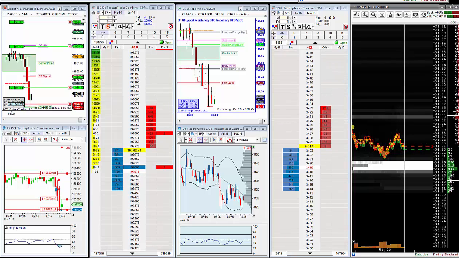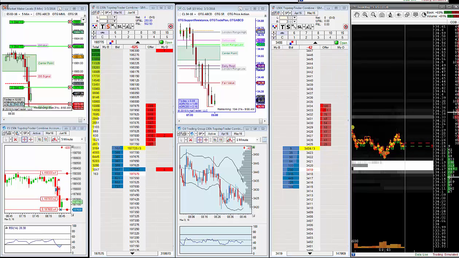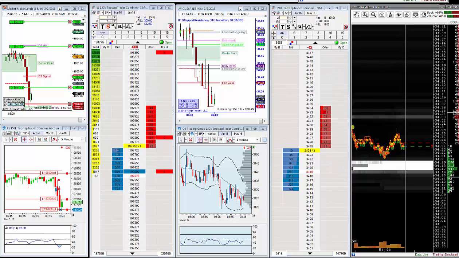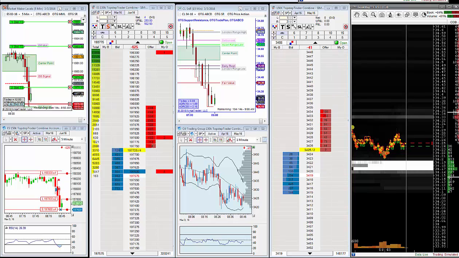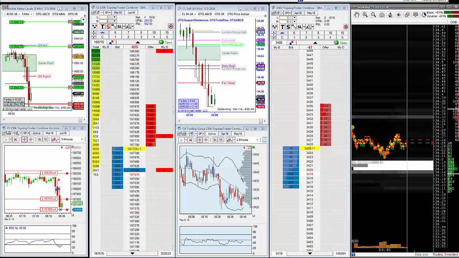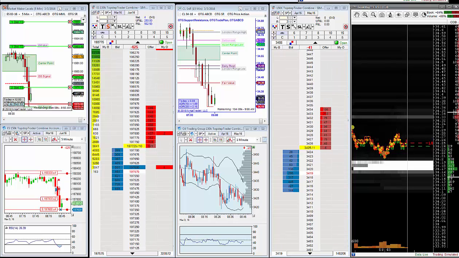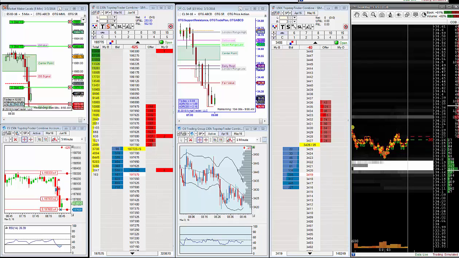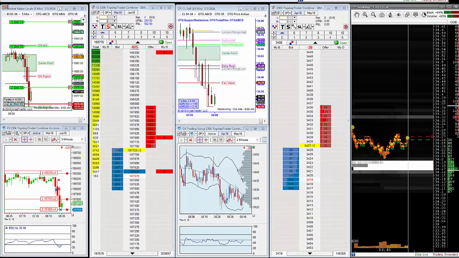Crap. So what to do? Wait for the target. Go to break even +1. Go to break even -1. Make it have a new low. Because it could come back down into the structure. I'm just going to leave it where it is right now. See if we can't get that target filled this time.